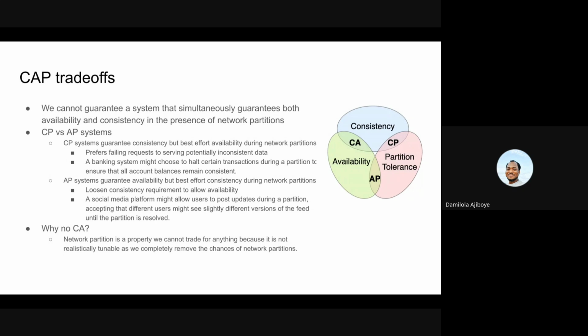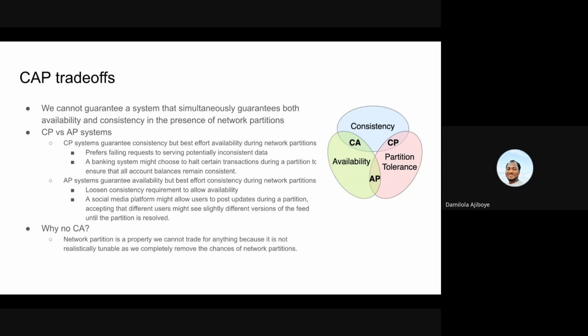So it guarantees consistency, but best effort availability during network partitions. In these CP systems, we prefer requests to fail rather than serving potentially inconsistent data. That's the trade-off we are making. For example, in a banking system, you might want to halt transactions during the network partition, just to ensure that all account balances remain consistent, because you don't want to serve a wrong account balance.